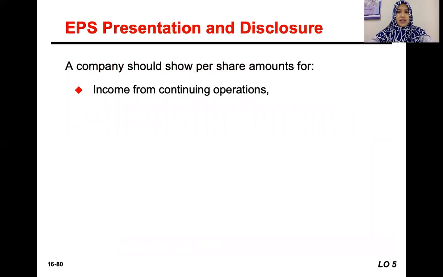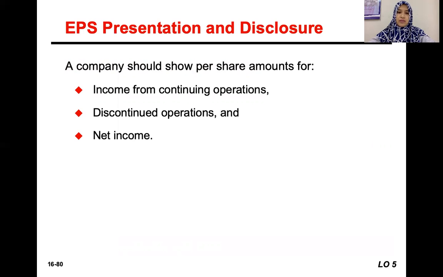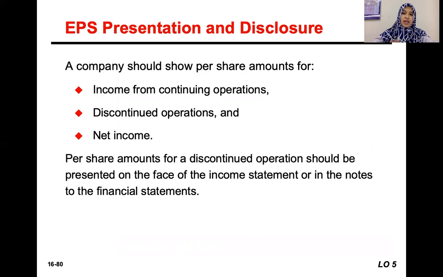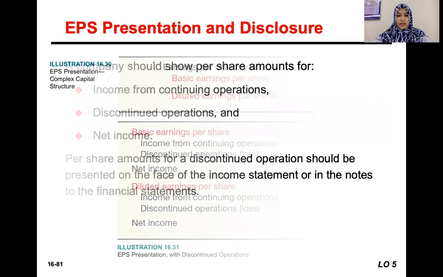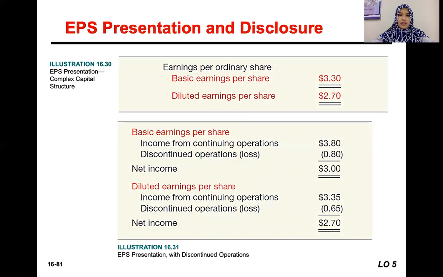So basically, what do we present and disclose for EPS? The company needs to disclose the EPS for income from continuing operations, discontinued operations, as well as the net income available for ordinary shareholders, as we have mentioned previously. There is an option whether it is presented on the income statement or in the notes to the financial statements.